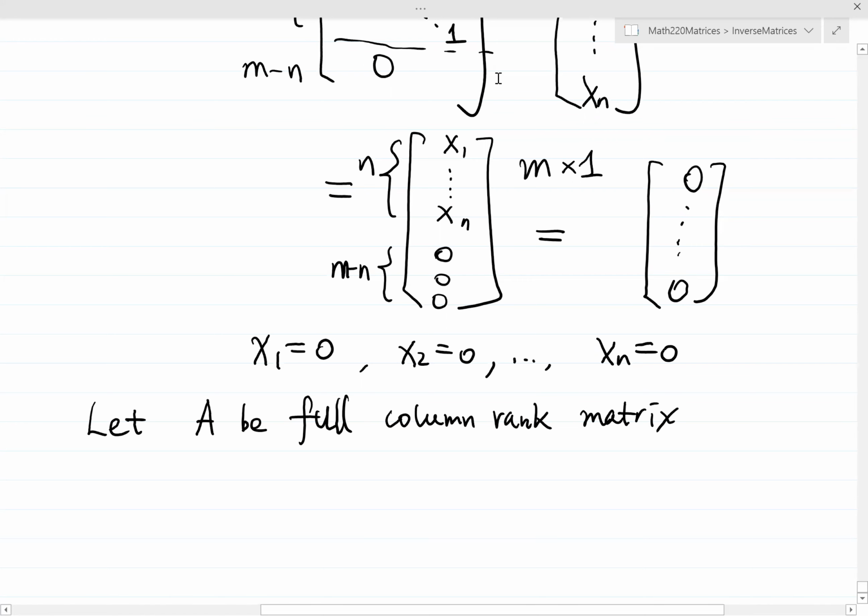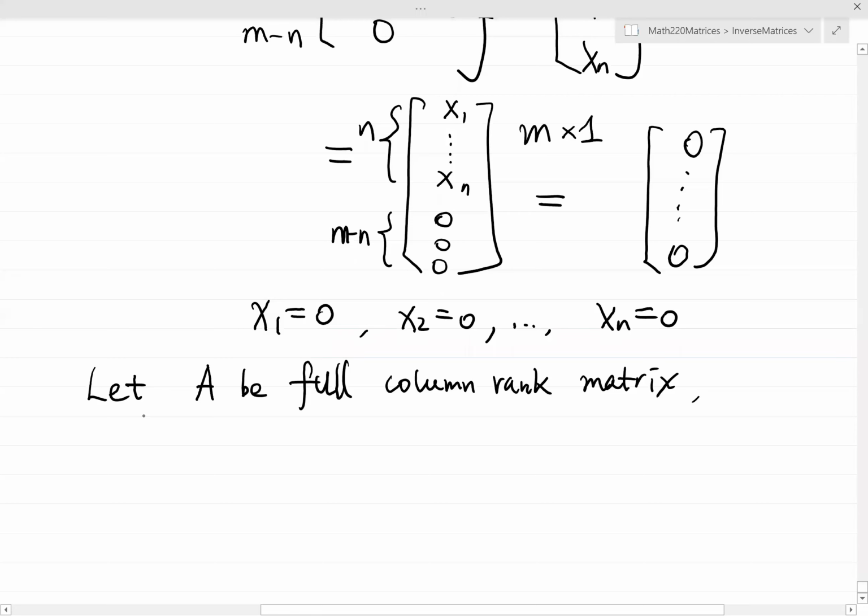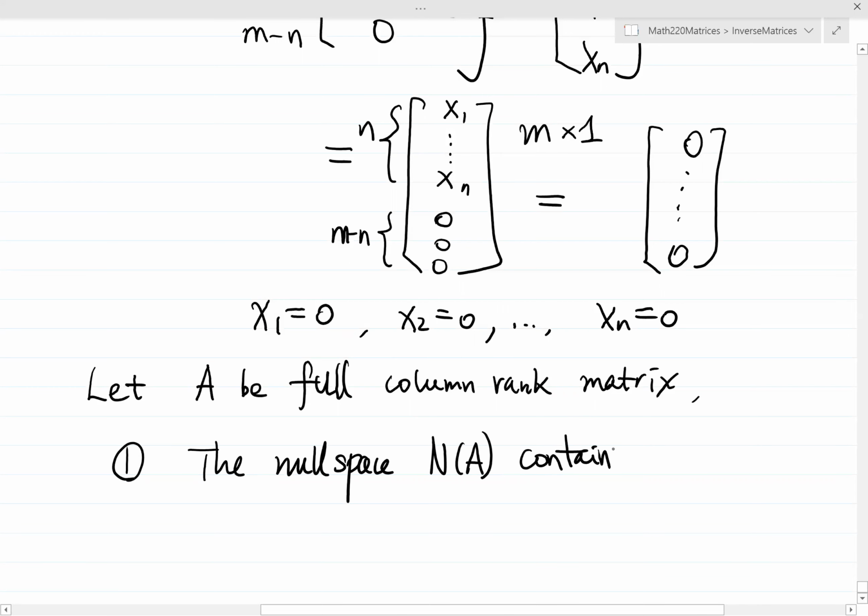Then we have the following. First of all, the null space. We know the structure of the null space completely. The null space contains only the trivial zero vector.